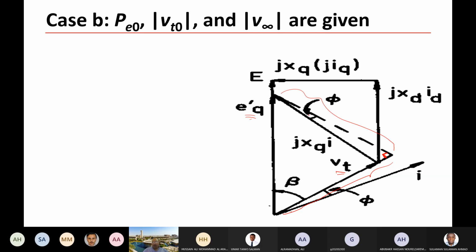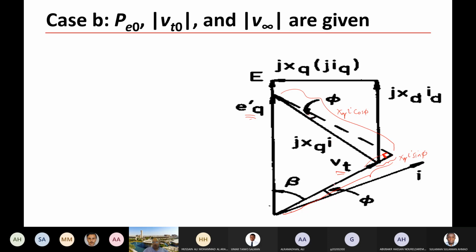And if this is phi, this part is Xq I cosine phi. And this small part is Xq I sine phi. And this is Vt. So this part is Vt plus this.